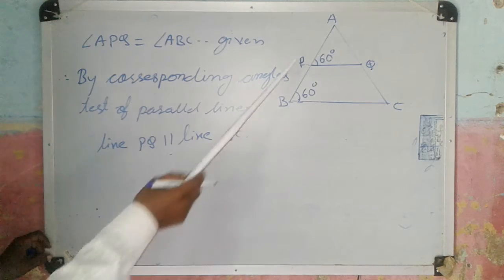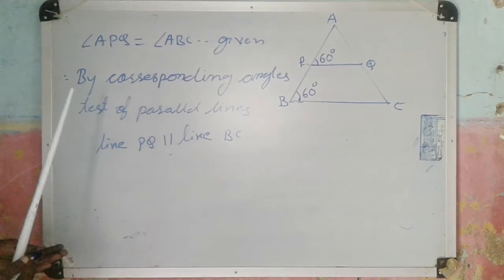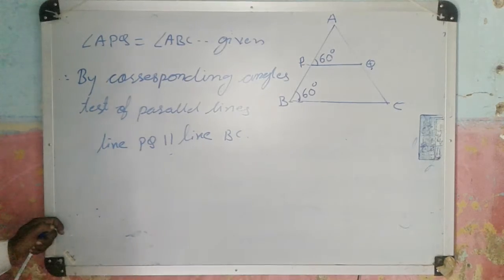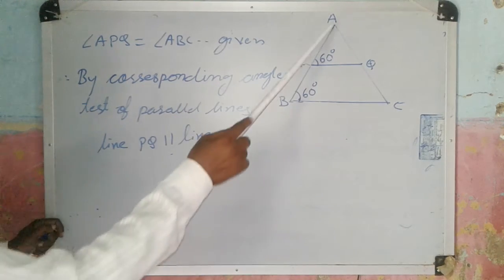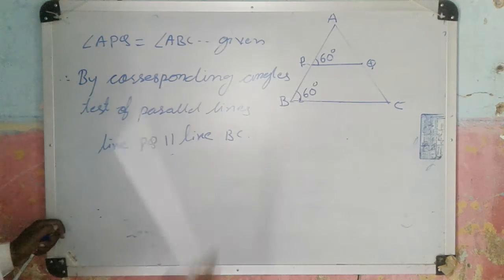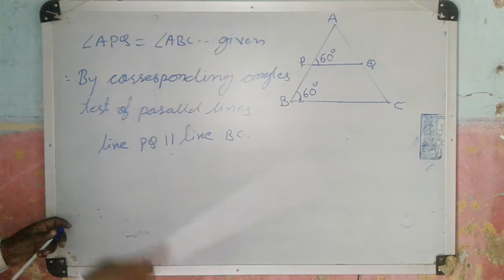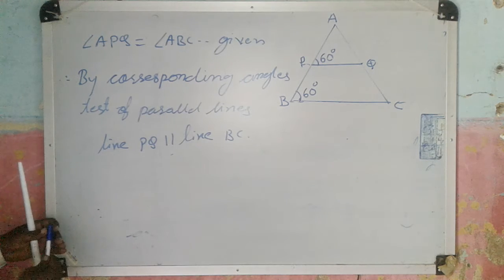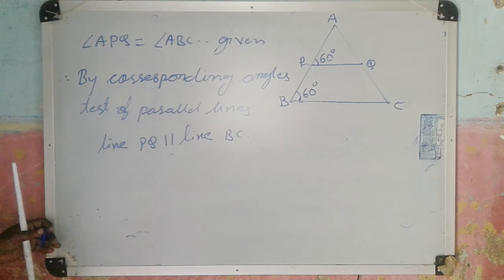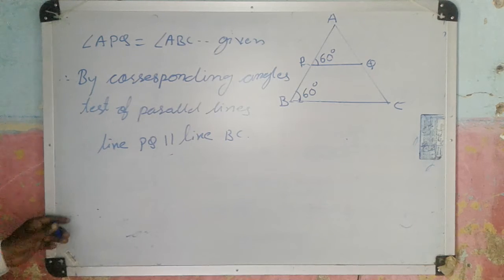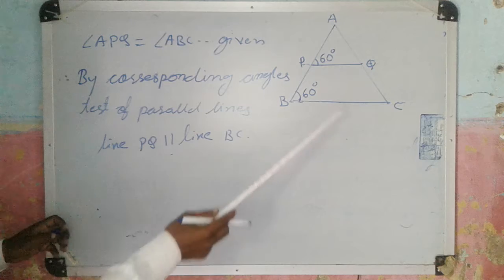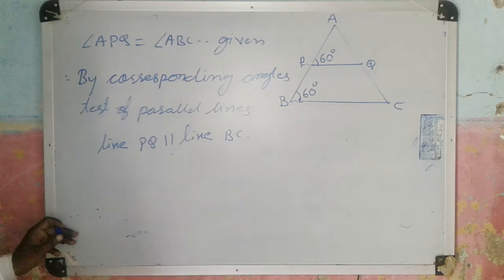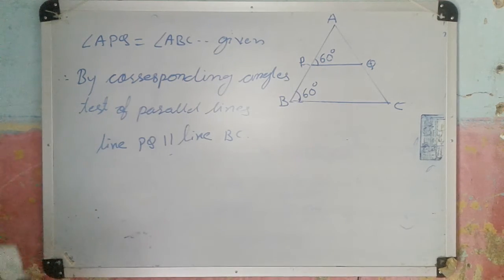Now see here, in this triangle, line PQ parallel to line BC. Due to this line PQ, side AB and side AC are divided. So by basic proportionality theorem, if a line is parallel to a side of a triangle, intersect remaining two sides in two distinct points, then these two sides are divided in the same proportion.